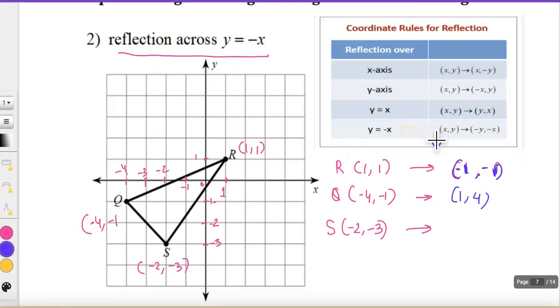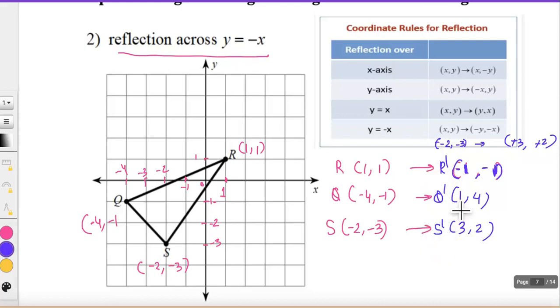Alright, so the values are negative 2, negative 3. Oops, they change places, and they change the sign also. It changes to positive, changes to positive. So the new point is 3, 2. Alright, so this is my R prime, this is my Q prime, this is my S prime.